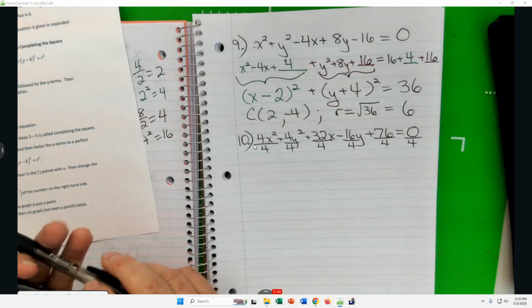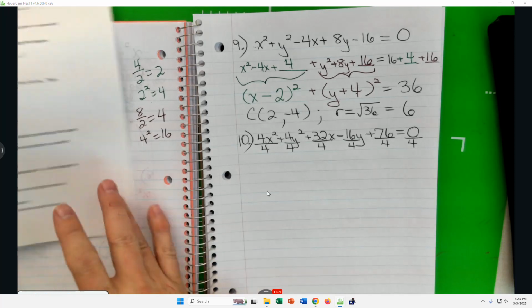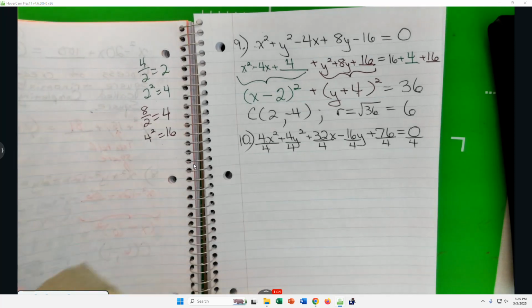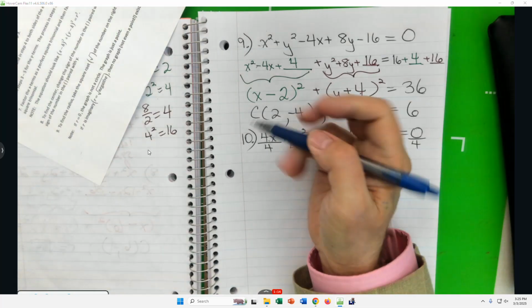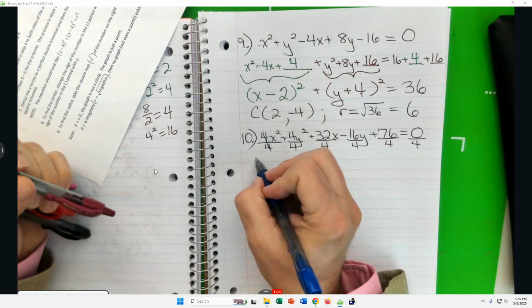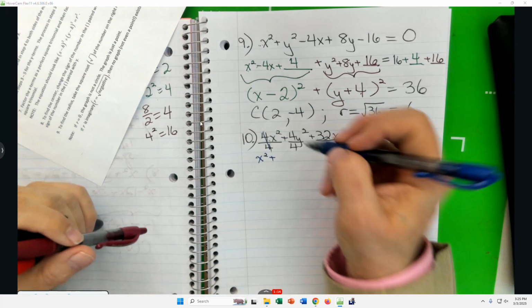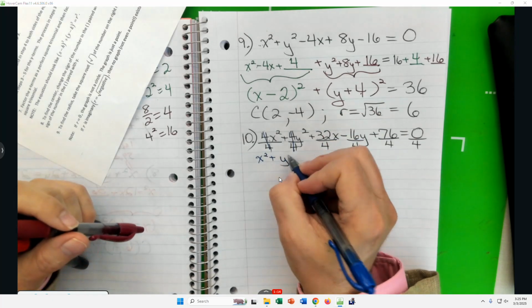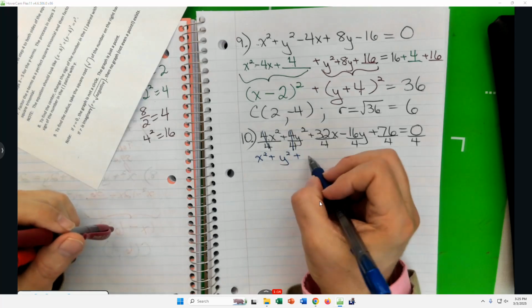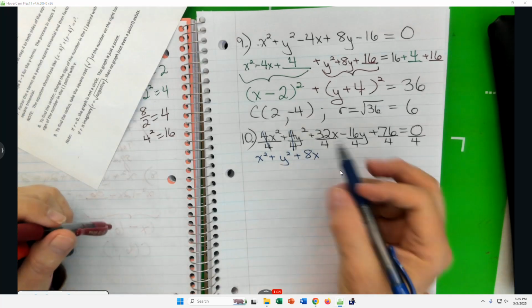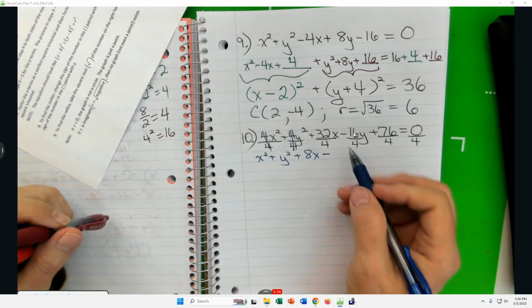Now, why do we do that? Because it's now going to start canceling out. Where's my blue pen? There. 4 divided by 4, that's an x squared plus y squared plus 32 divided by 4 is 8x minus, here what will we have?